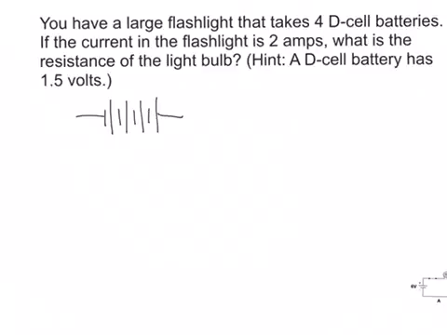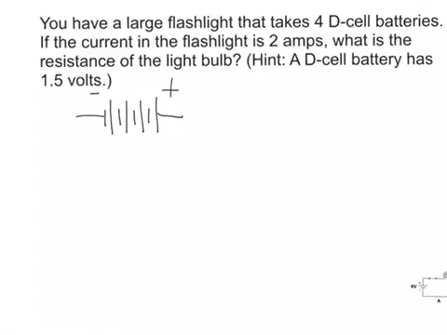Now I'm drawing this out to illustrate a point here and to draw your attention back to the stuff that we've been doing when we were building our circuits, and when we were reviewing those measurements that you were making with your circuits, when we started looking at those different circuit diagrams back on Thursday. So here are our 4 D cells, and each D cell is worth 1.5 volts.